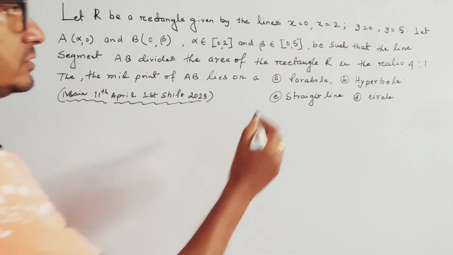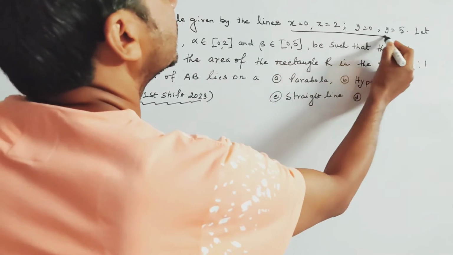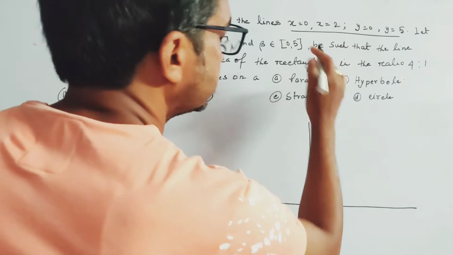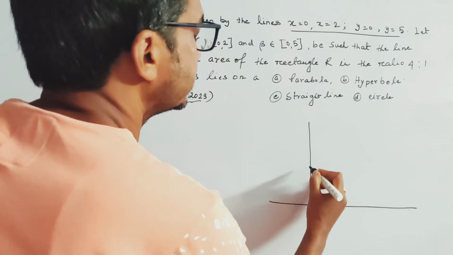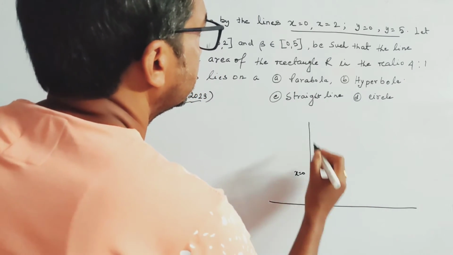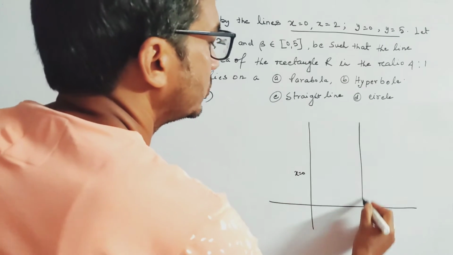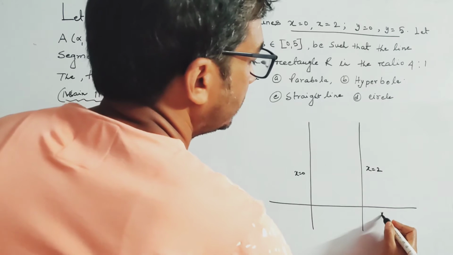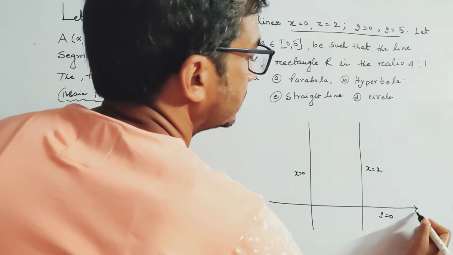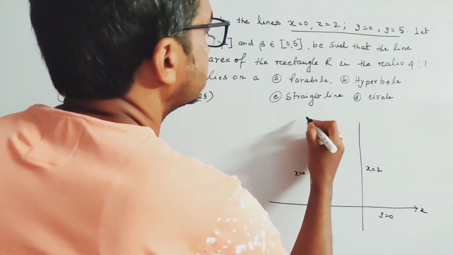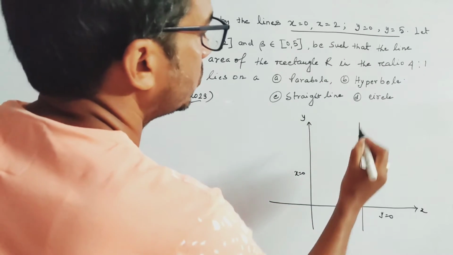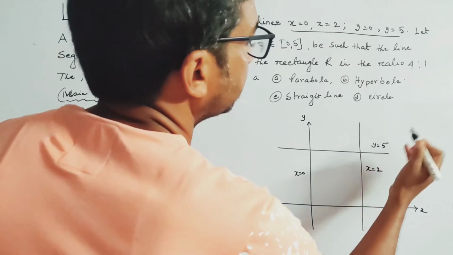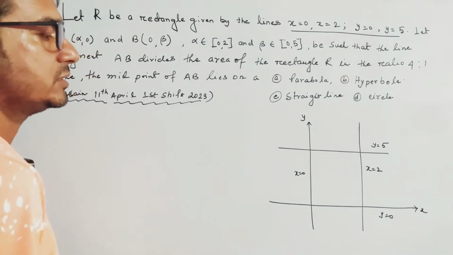Here are the 4 straight lines that are given. This is x equal to 0, which means the y axis. This is x equal to 2, this is y equal to 0, the x axis, and this is y equal to 5. This is the rectangle.